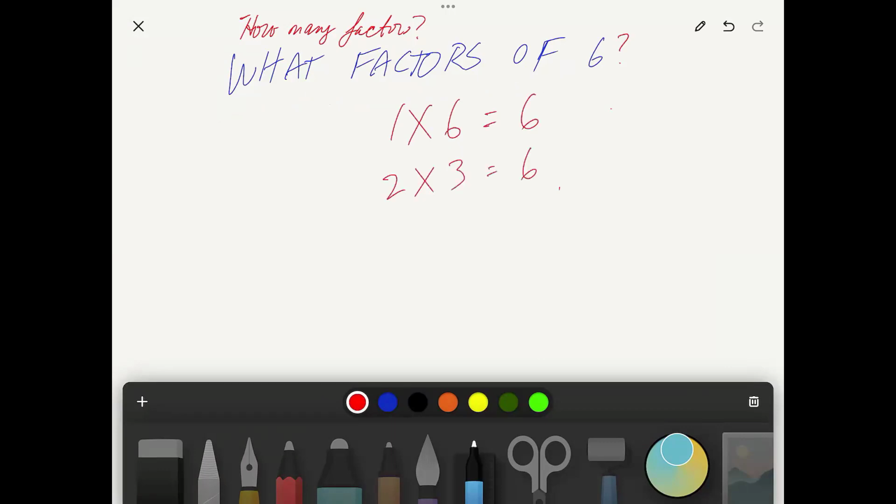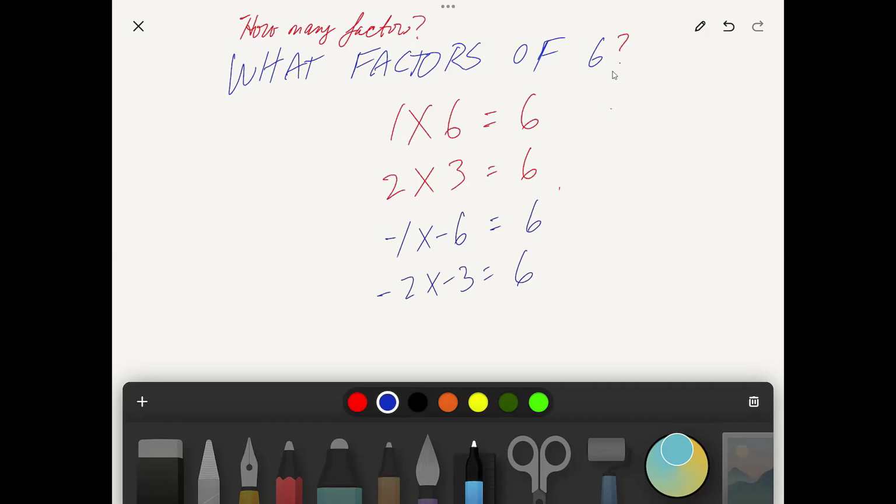Now, we could also say, -1 times -6 is also 6, or -2 times -3 is also 6. So we basically say the factors of 6 are 1, 6, 2, 3. And if you want to throw the negatives in there, you can as well.